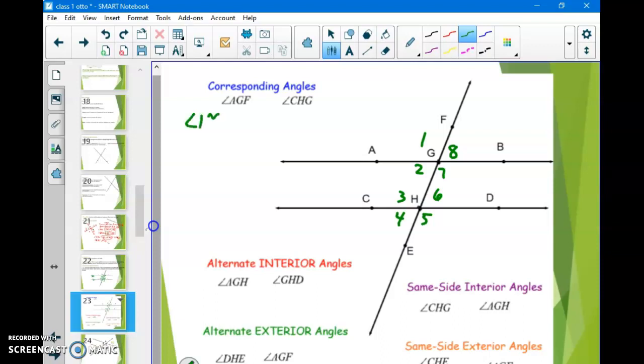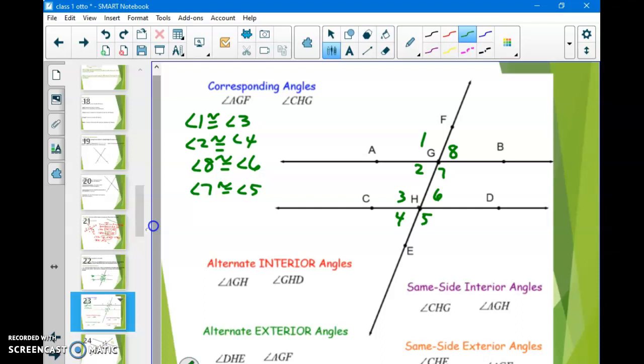Angle 1 is congruent to angle 3. And there are 3 other pairs of corresponding angles, and I'm going to put them in here. Angle 2 is congruent to angle 4. Angle 8 is congruent to angle 6. Angle 7 is congruent to angle 5. Those are all of the corresponding angles in this picture.